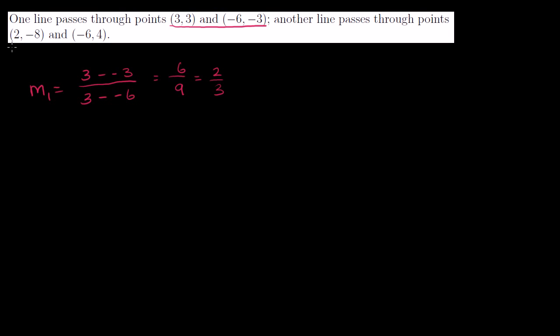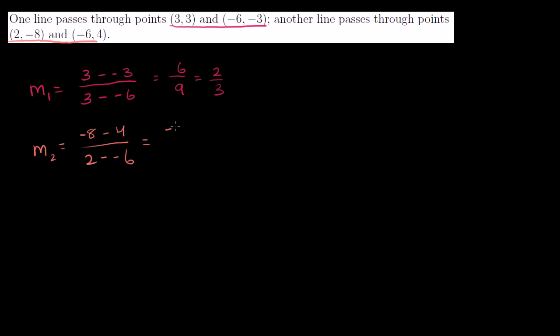What is the second line's slope? So this is the second line there. That's the other line passing through these points. So the other line's slope, let's see, we could say negative 8 minus 4 over 2 minus negative 6. So what is this equal to?